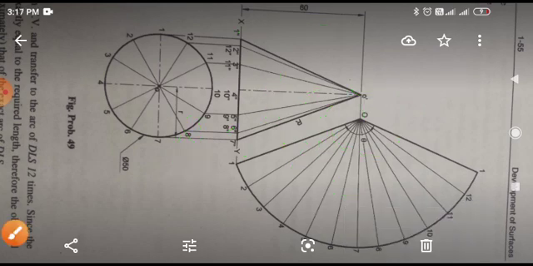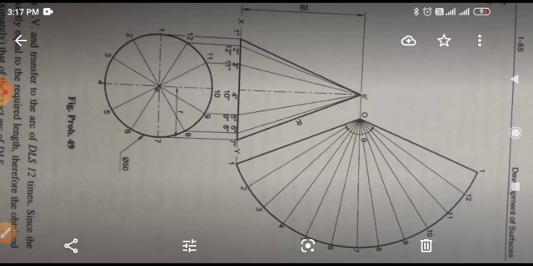There was a question previously, how to draw the expansion of that pyramid. If you take the distance of that edge after drawing the parallel line, then you just go on drawing arcs equal to the number of faces.